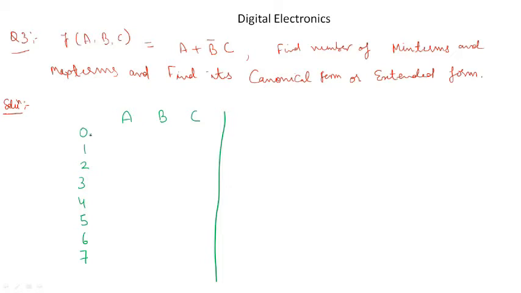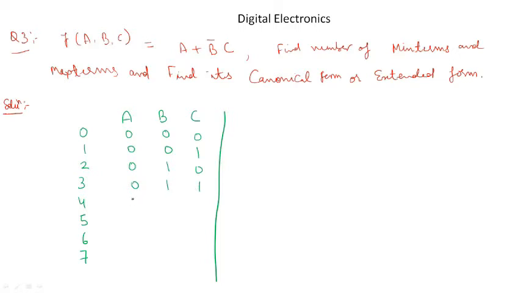Here for decimal number 0, we will have a is 0, b is 0, c is 0. For decimal number 1, we will have 0, 0, 1. For 2, we will have 0, 1, 0. For 3, we will have 0, 1, 1.